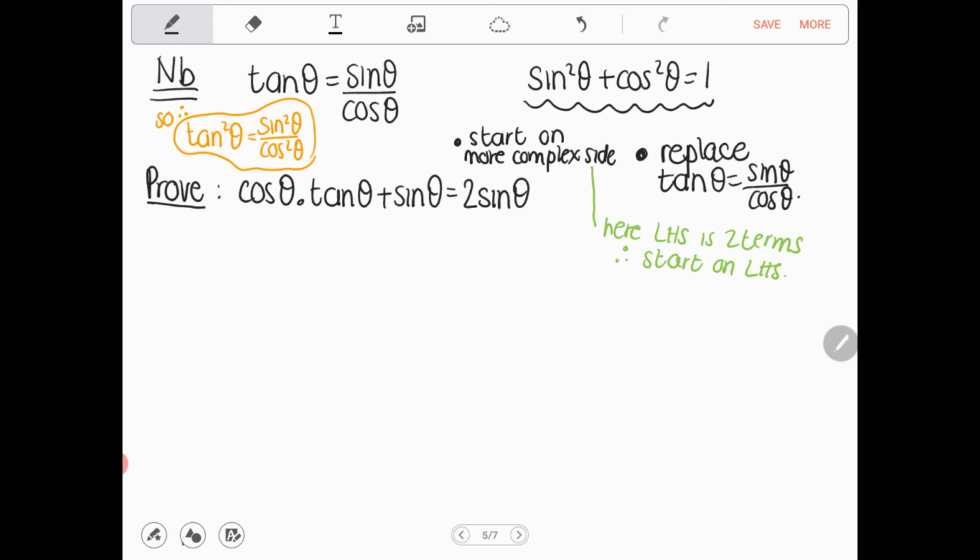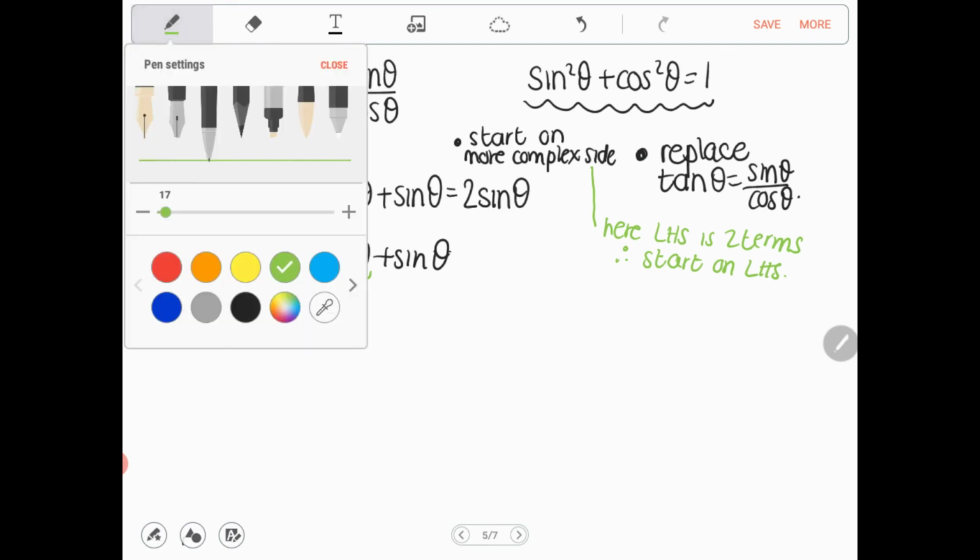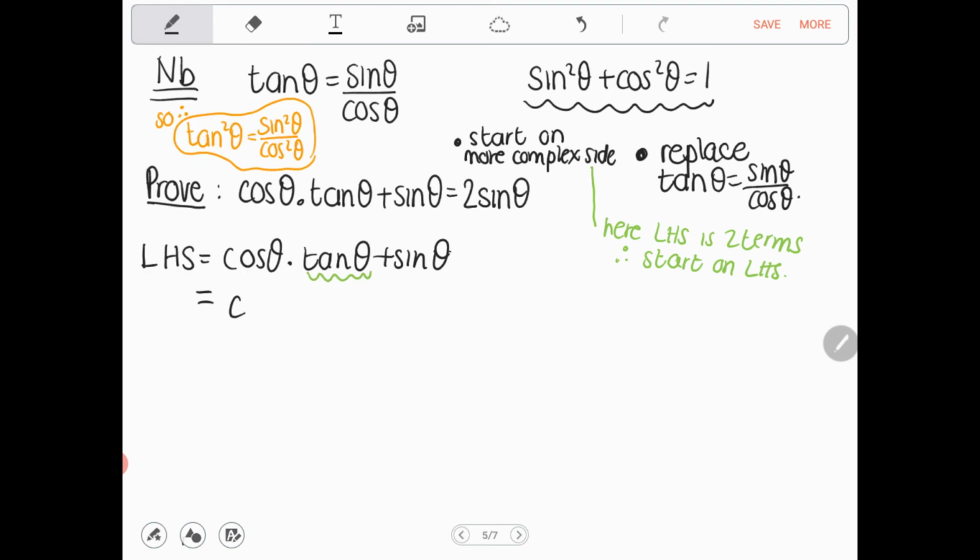All right, so we start by going left-hand side is equal to cos theta times tan theta plus sine theta. Okay, then we replace our tan with sine over cos. Cos theta times sine theta over cos theta plus sine theta.